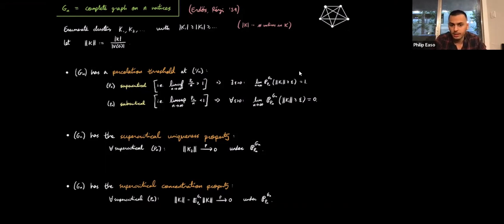And the second one is telling you that it's unique because the second largest cluster is not linear sized. And then the third property is the supercritical concentration property. This one is slightly more subtle, but it's saying that if you take your supercritical sequence, this unique largest linear sized cluster, its density is concentrated around its mean.